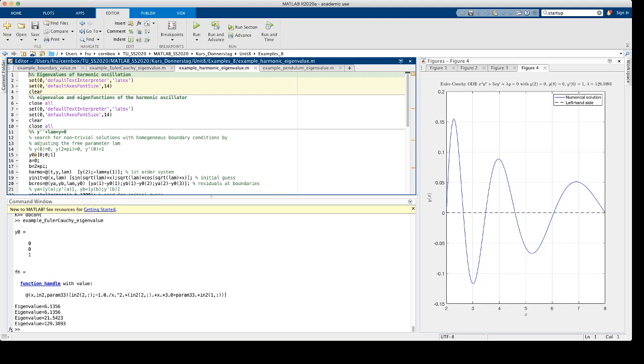If we run this script, we see the well-known results. The eigenfunctions are harmonic oscillations, and the eigenvalues are the squares of integers or half integers.